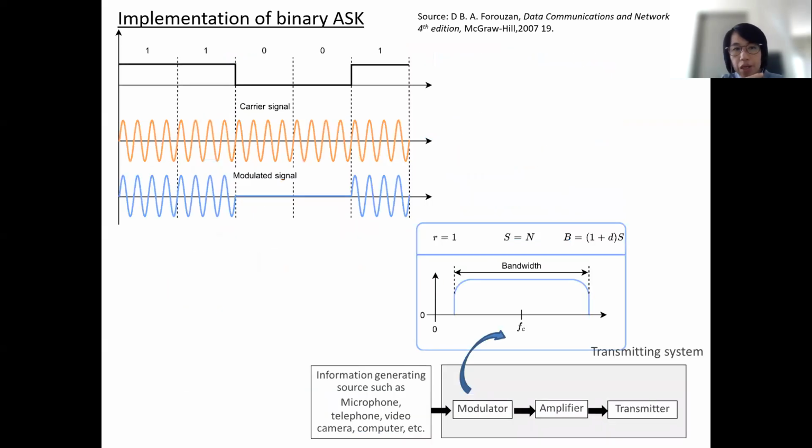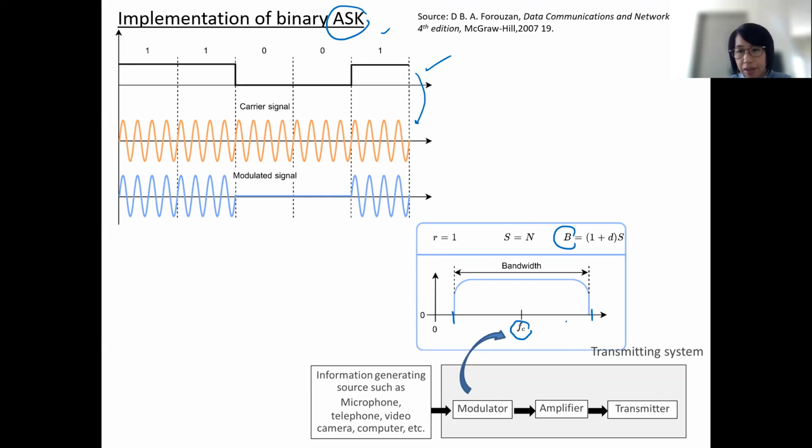This is just a little bit of ASK. You have your input as a binary sequence, and you want to modulate with this carrier. By using on-off keying in this ASK, you will have this modulation like this, and this is the bandwidth that you get, right? This is your bandwidth with the center frequency here. This is what the modulator does.